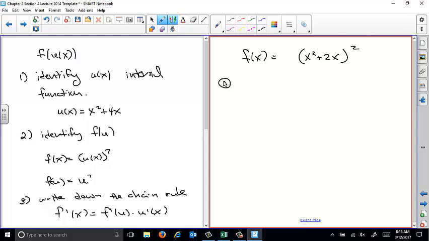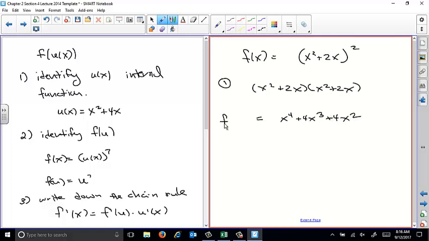So the first way is I'm just going to multiply this out using FOIL, so I'll get x to the 4th plus 4x cubed plus 4x squared. What I did is multiplied first. Inner and outer are the same, which is 2x cubed, so I have twice that, 4x cubed, and 2x times 2x is 4x squared.